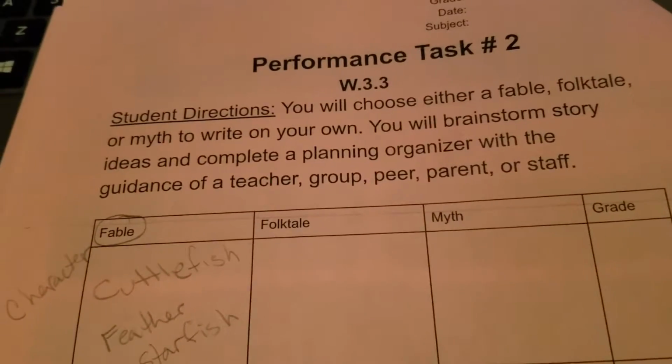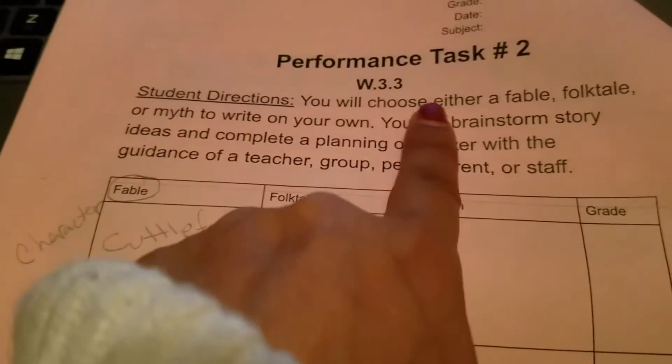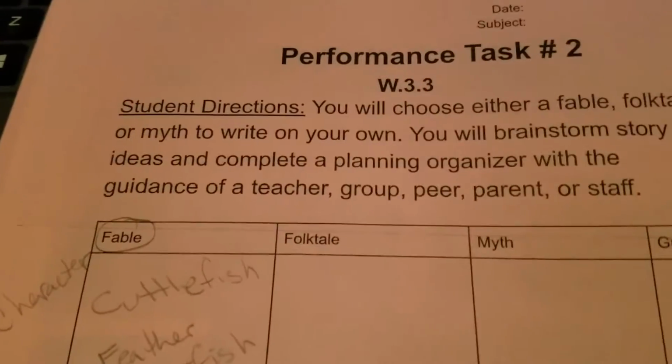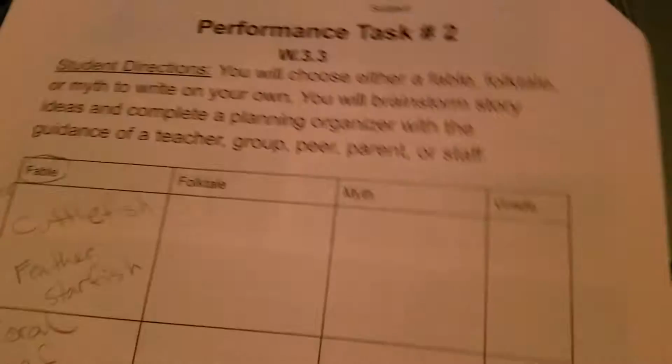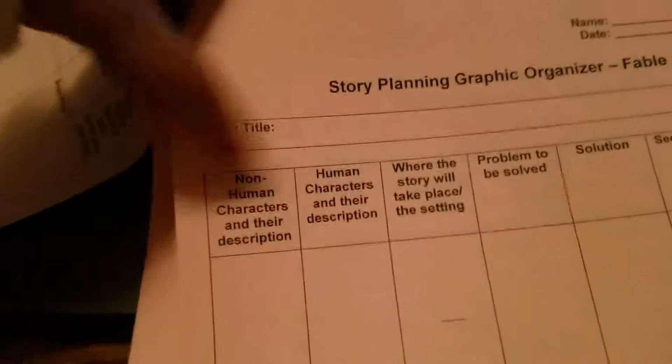So you will choose either A. So either, the word either means you're only choosing one. So I chose fable, and then I'm going to work on my fable graphic organizer page right here, and I'm going to use this to help me. And so this kind of gives me more. So now I'm going to go ahead and build my story.